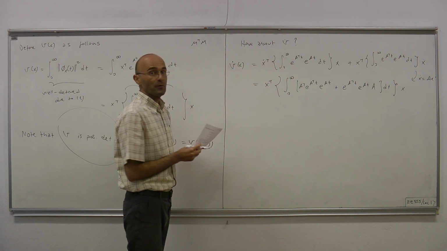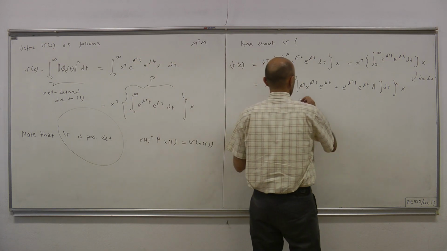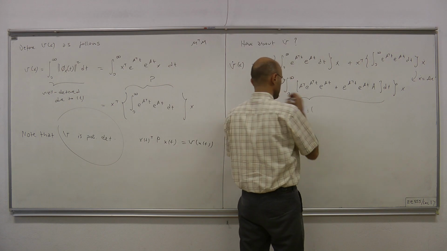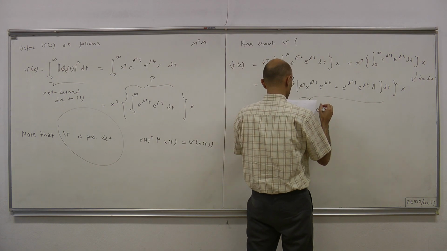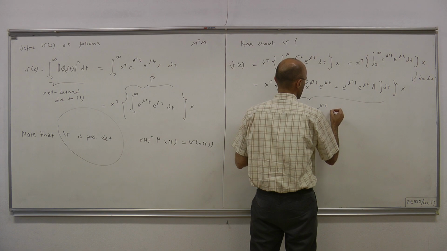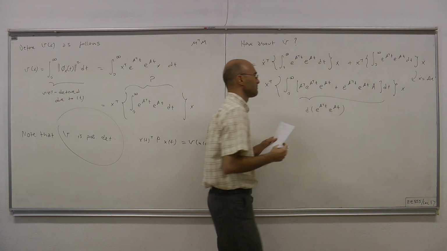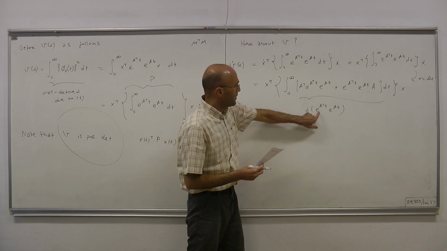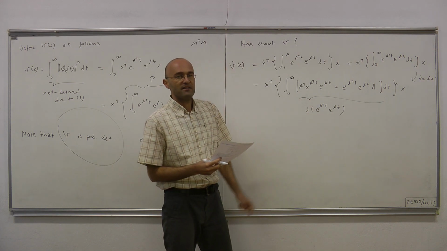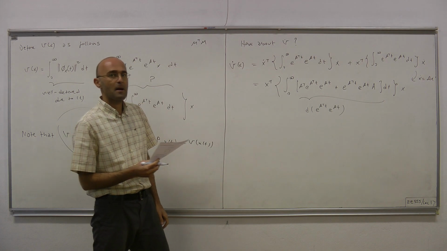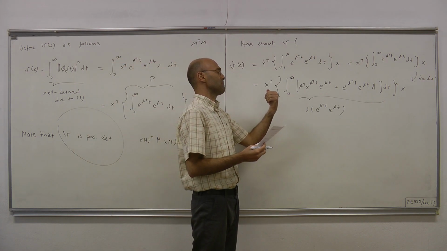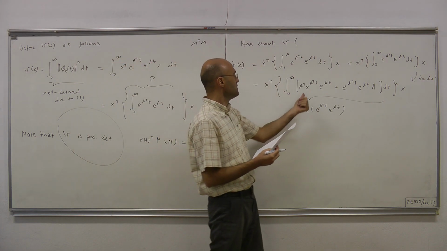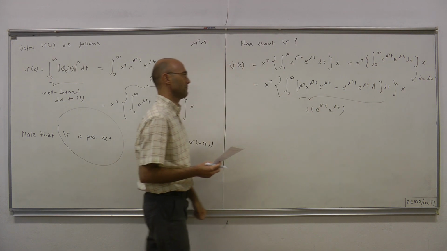Now there's one nice thing about this integrand, and it is the derivative d of e to the A transpose t e to the A t. Or in other words, e to the A transpose t times e to the A t, that square matrix's time derivative is this term here, the integrand.